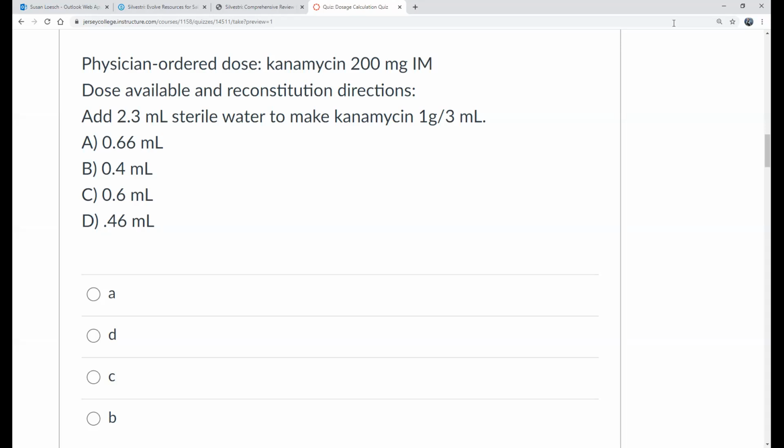I did 0.2 times 3 milliliters and got 0.6. So 200 divided by 1,000 times 3 equals 0.6, right? Got what everybody did? Yes. Okay, good.